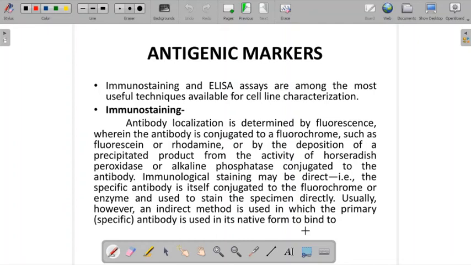The next technique is antigenic markers. Antigenic markers means what? Our whole immune system is based on antigen-antibody interaction. You know how exactly our immune system works. First of all, when a foreign body enters our body, some cells go and face the foreign molecule face to face. They understand what type of antigens or epitopes are present on the cells.